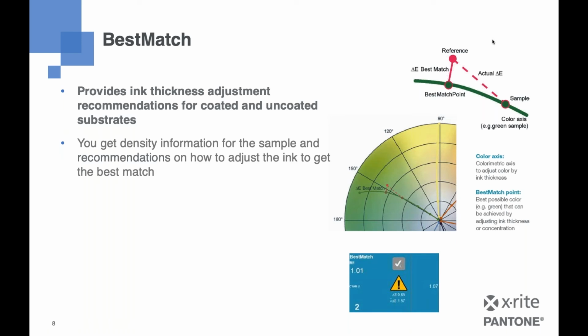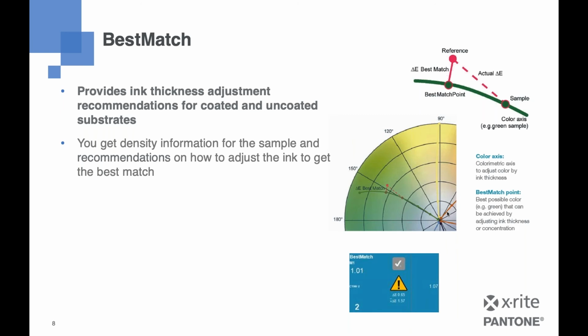The software, the best match function, tells the press operator that to improve your delta E, you need to adjust your ink thickness, and there is a number, for example: you need to adjust the density, the ink thickness for cyan by 0.1 or by 0.2 density.